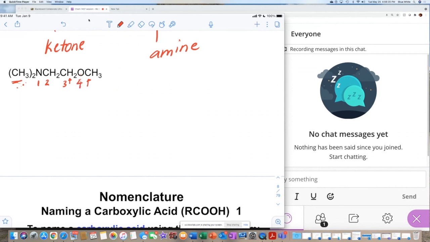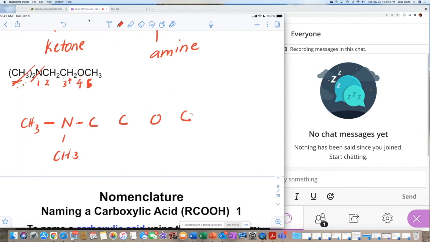So this would be 4, and this carbon will be 5. Nitrogen, carbon, carbon, oxygen, carbon. 1, 2, 3, 4, 5. The first nitrogen has 2 groups attached to it, CH3, CH3.